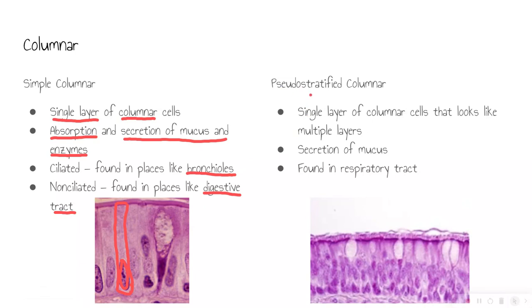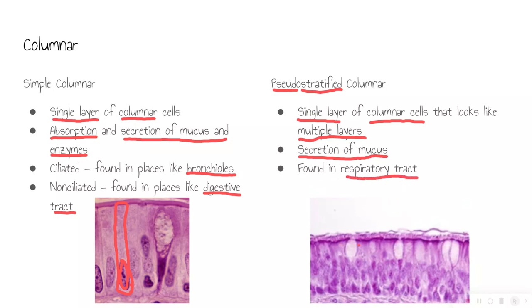We also have pseudostratified columnar, and remember, pseudostratified is fake stratified, so it looks like it is stratified, but it is actually a single layer of these columnar cells, and it looks like it is multiple layers. And the function of pseudostratified columnar epithelium is going to be the secretion of mucus, and we often find pseudostratified columnar epithelium in the respiratory tract.